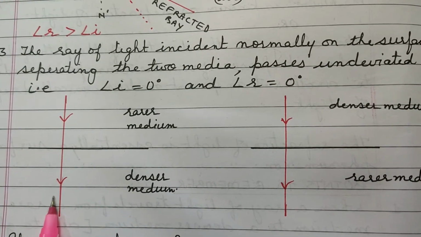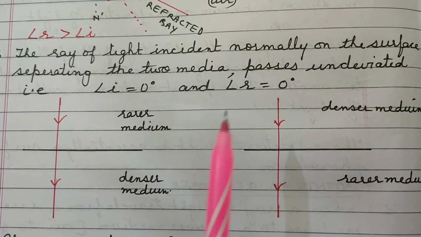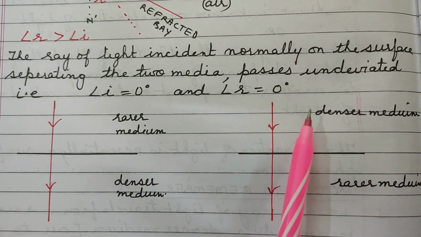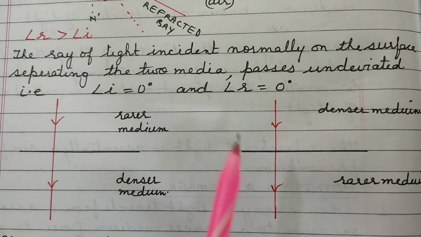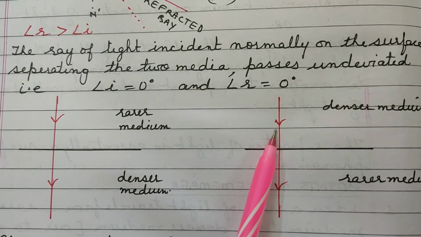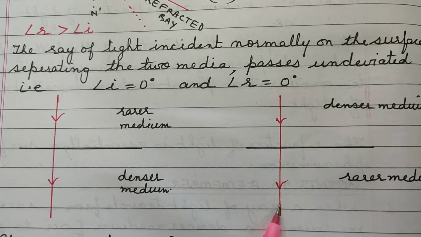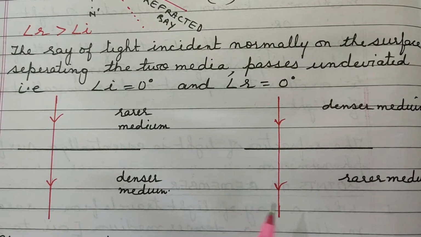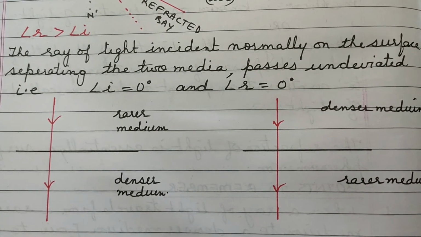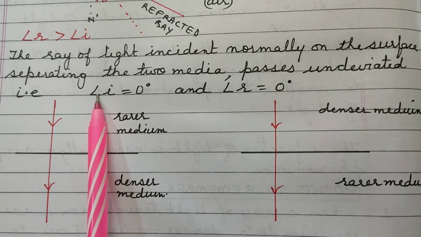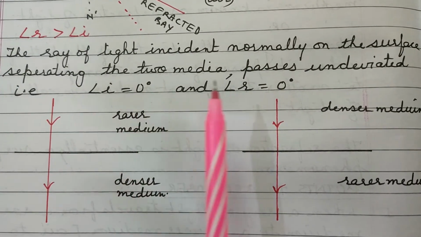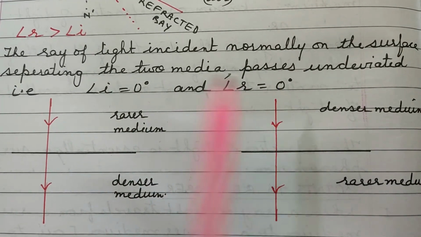There will not be any bending of the ray of light. Same in this situation also: when it is moving from denser to rarer medium, again the ray of light is moving undeviated. Which means the angle of incidence will be 0 degrees and the angle of refraction also will be 0 degrees.